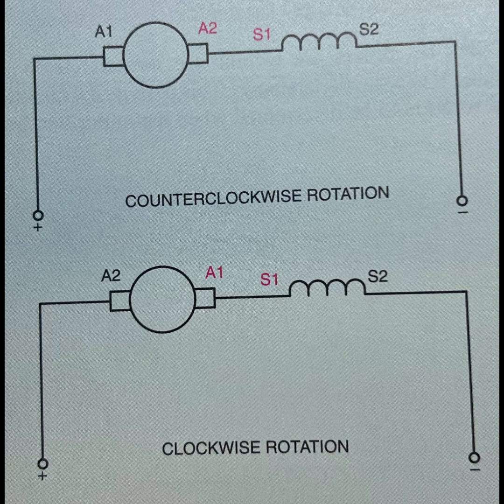To reverse the direction of rotation of the armature, the magnetic polarity of the armature and the field must be changed in relationship to each other. The armature leads have been changed.